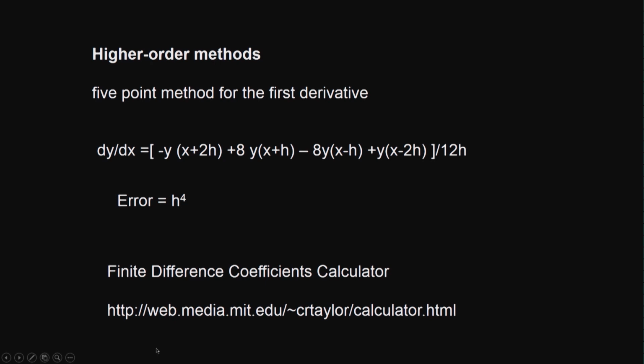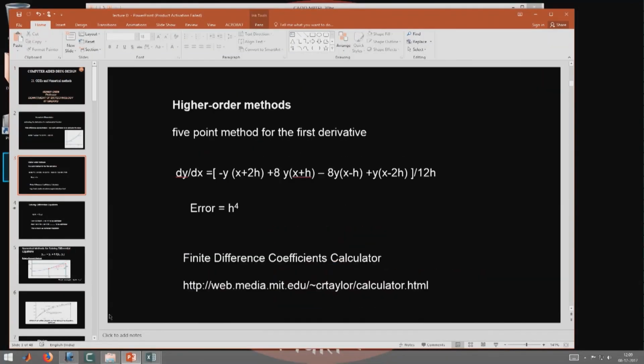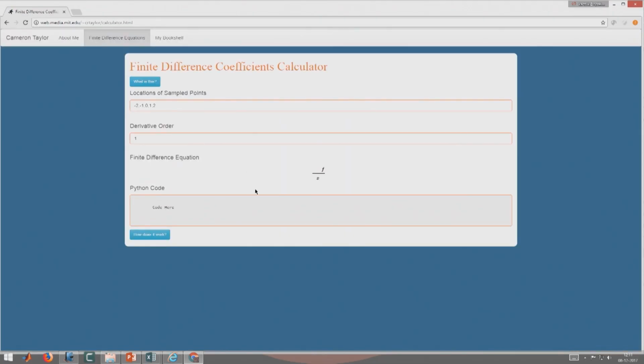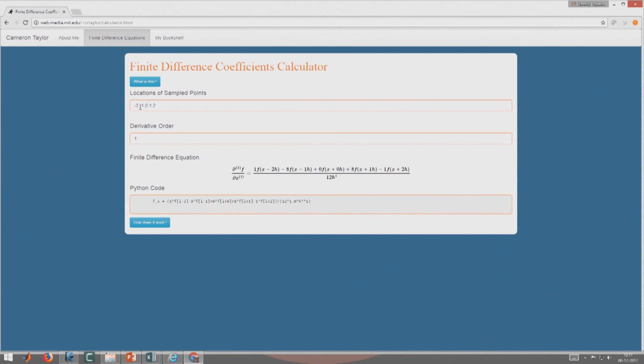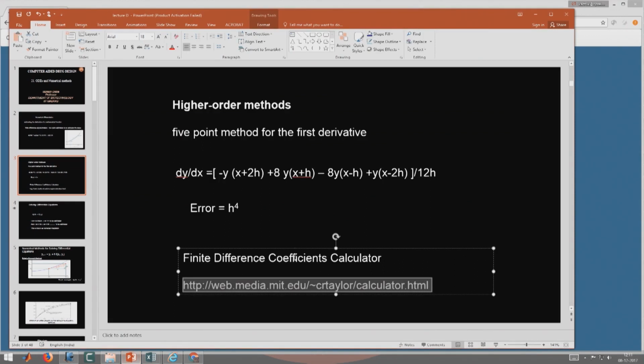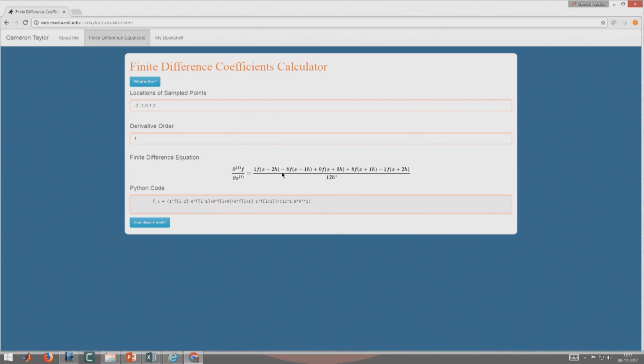In fact, this particular website gives you the values of the coefficients. For example, let us have a look at it actually. So if those 5 points are at minus 2, minus 1, then at plus 2, plus 1, this is how the equation will look like I showed you here, f of x minus h, like I showed you here. So we have 8, 8, minus 1, plus 1.